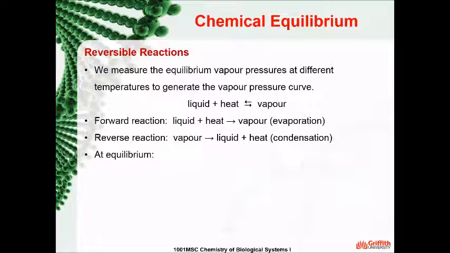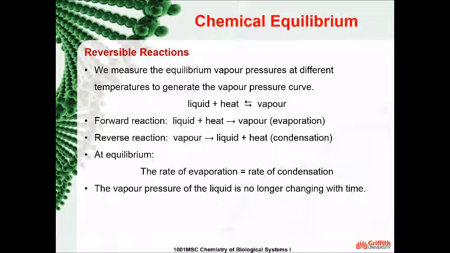At equilibrium, the speed of evaporating water into steam equals the speed of condensing the steam back into water. So we can say that the vapor pressure of the liquid is no longer changing with time. Remember that at the equilibrium point, the concentration of water is not necessarily equal to the concentration of the steam.